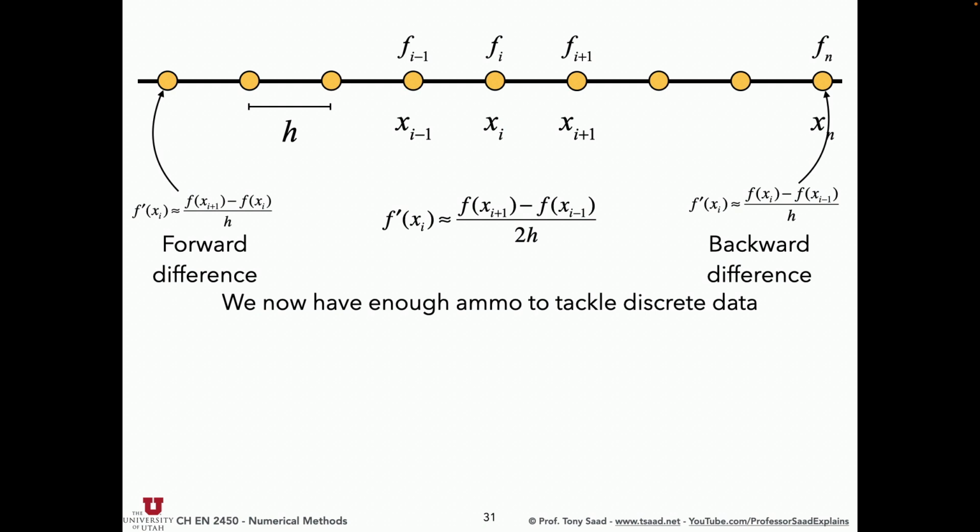So in those cases, you use forward difference at the left point and backward difference at the right point, and you use central differencing in the middle. So that gives you good accuracy across the entire set of data points. Second order accuracy on all of these points except the end points, where you get first order accuracy.